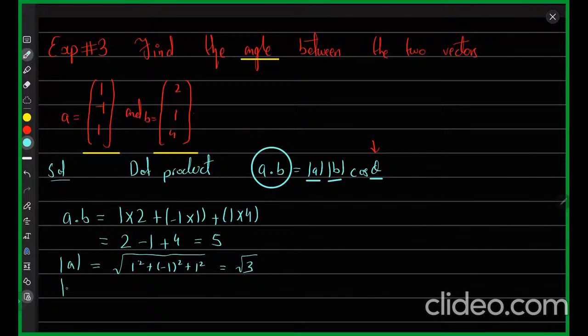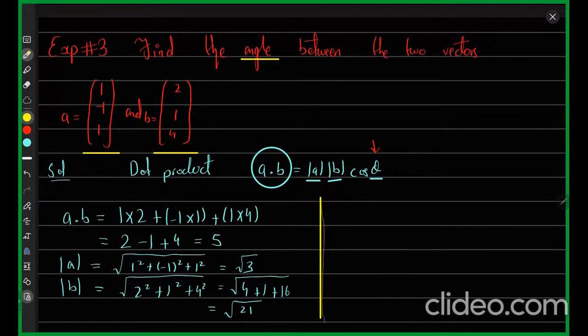And then the mod of B, or the magnitude of B, is basically 2 squared plus 1 squared plus 4 squared, and this is going to give you 4 plus 1 plus 16, and this is going to be root 21.